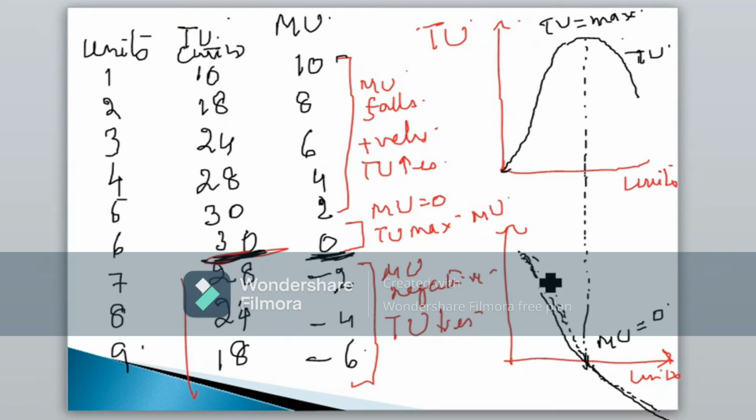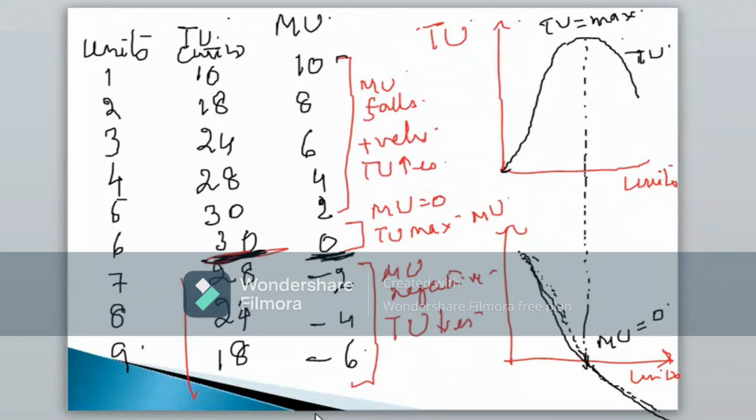Try to do this so it will be easier for you. Now, has it been understood so far? Tell me, if not, I will explain again. I have just drawn the diagram according to my table, nothing else.